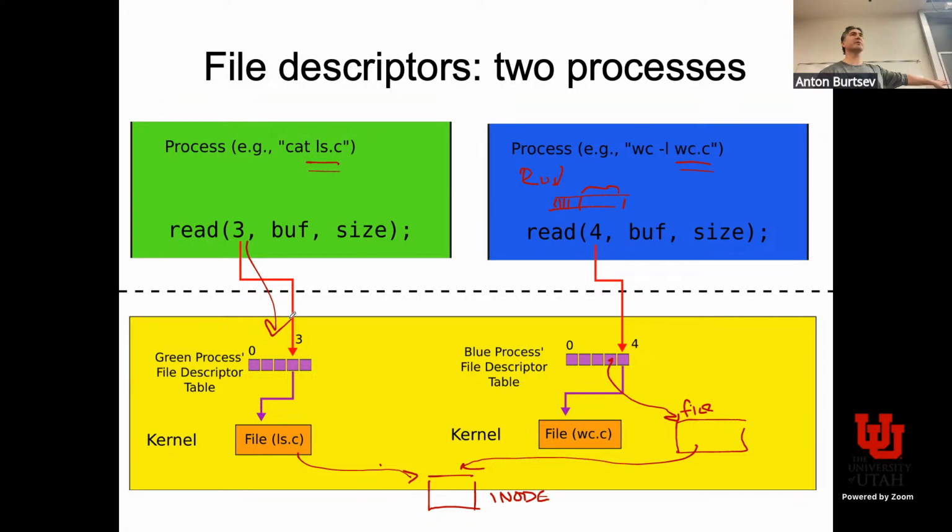Any other questions about file descriptors? Well, no, not exactly. It will become clear when we think of these three colors as three different address spaces, blue, green, and yellow, and they're not shared.